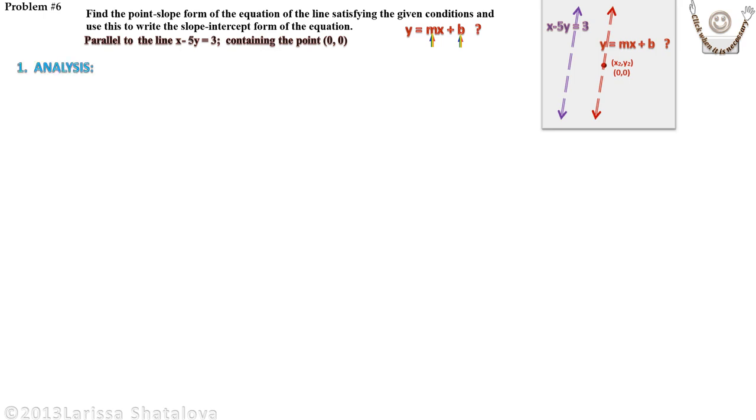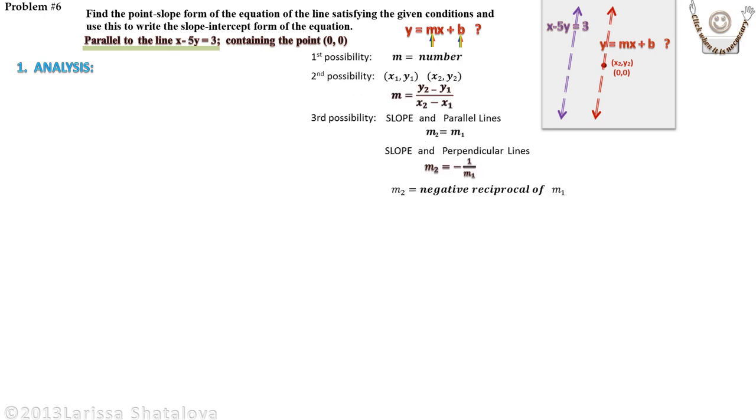Analysis. First, slope. Let's look into our problem one more time. Our line is parallel to the line whose equation is positive 1x and negative 5y equals 3. Look into our options for slope. First possibility, if slope is known. Not in our case.